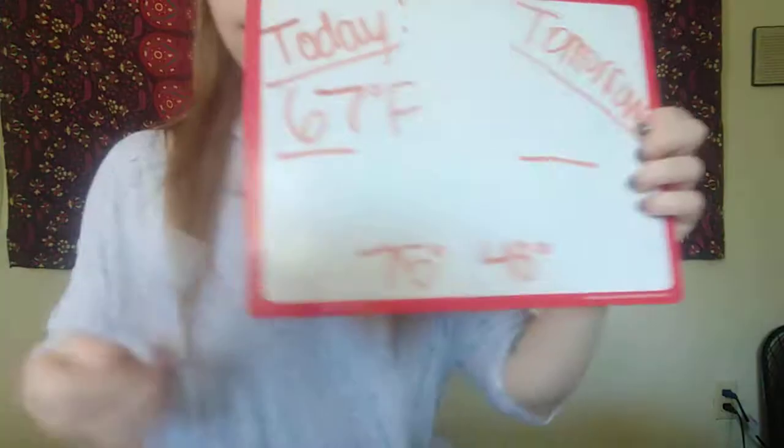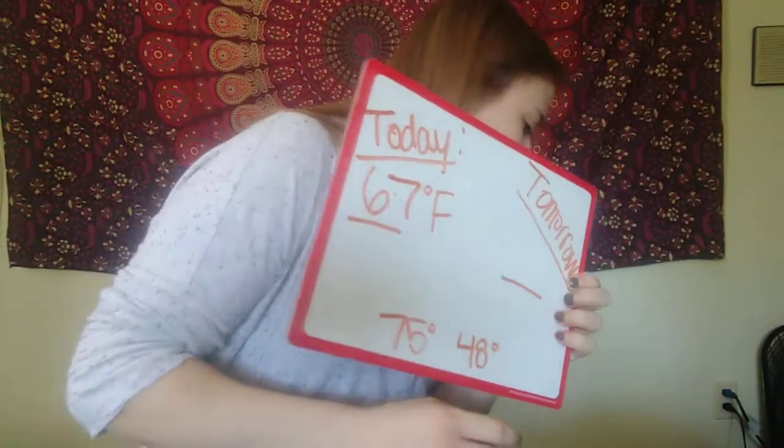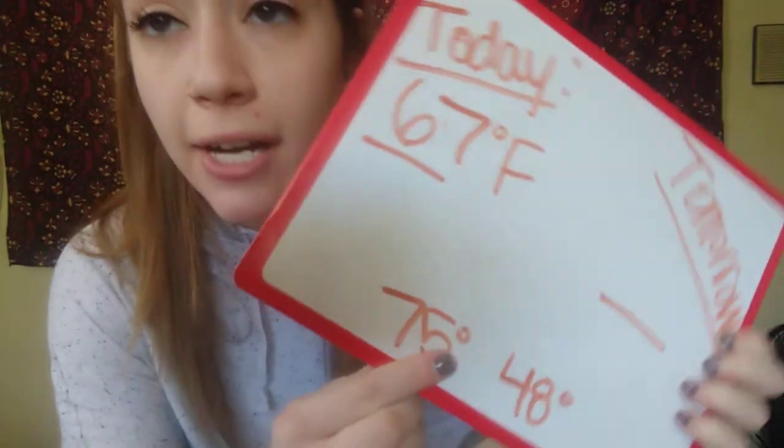So our temperatures on the bottom are 75 degrees Fahrenheit, and 48 degrees Fahrenheit. Which one of these is bigger? 75 or 48? And if I need to rephrase my question, which number is closer to 100?